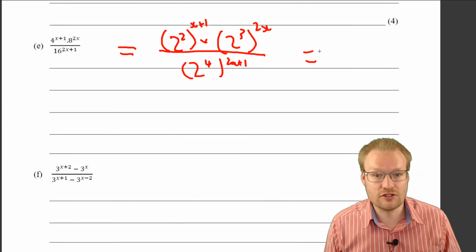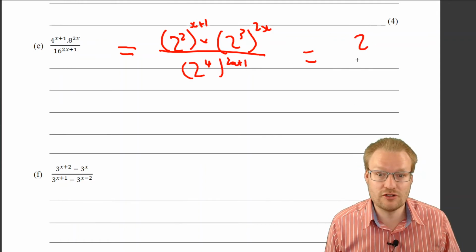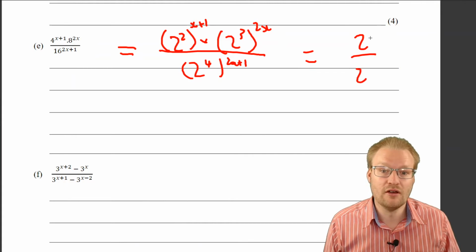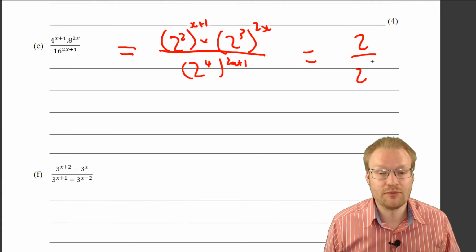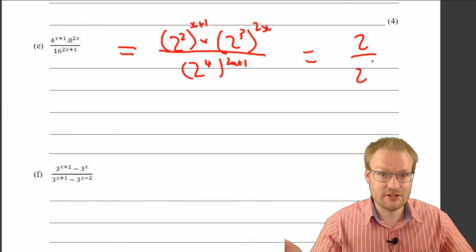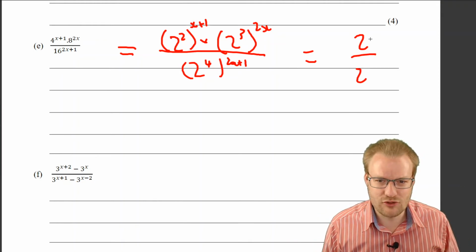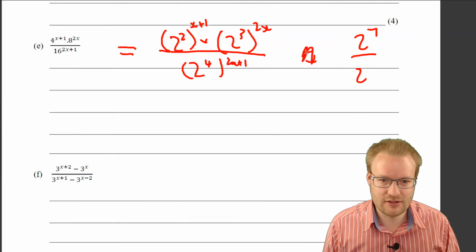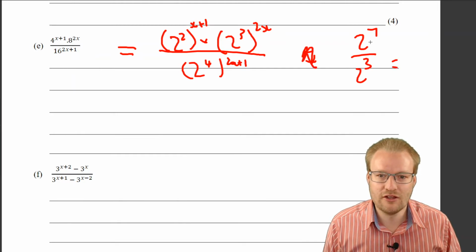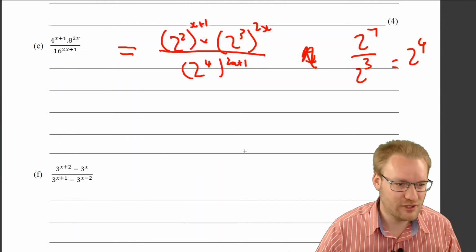Multiply in, you've still got 1 term over 1 term, 2 to the something over 2 to the something. What do you do with exponents when you're dividing and the bases are the same? Well, you subtract. So let's say that this was 7, and that was 3. You go 7 minus 3, that's 2 to the 4. So that's what you'll use when you get there.